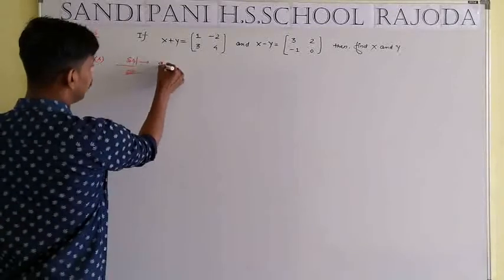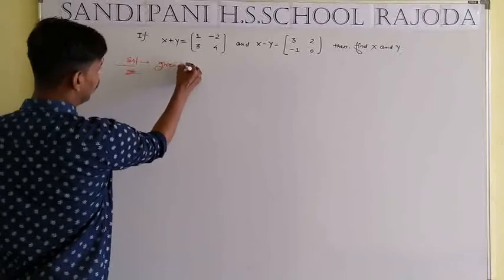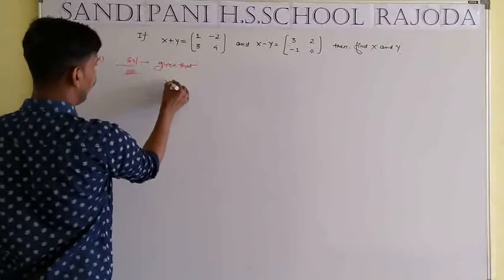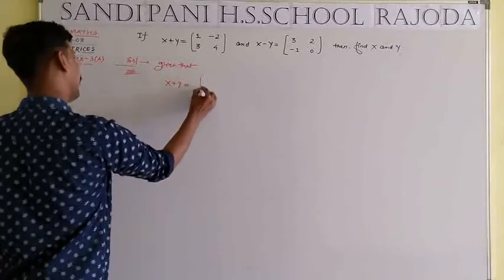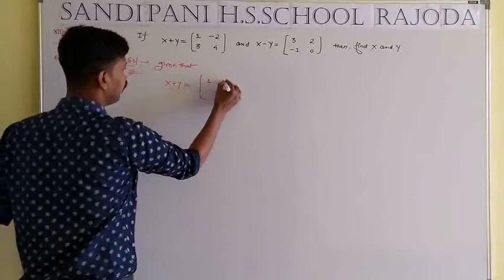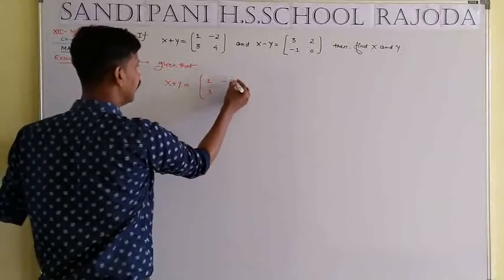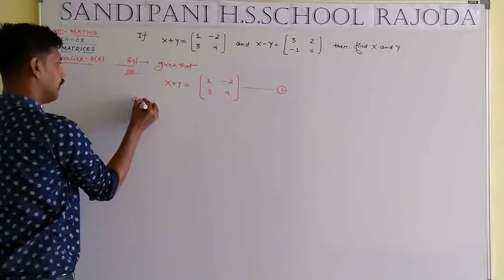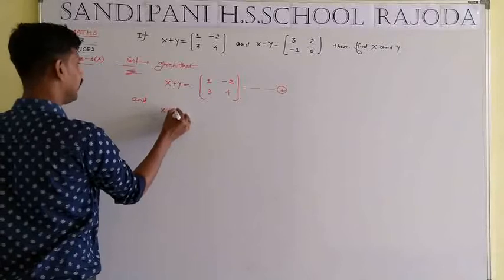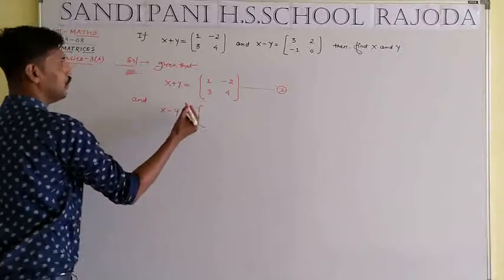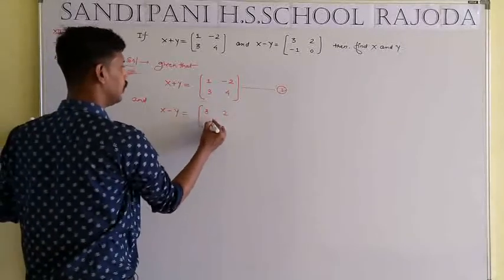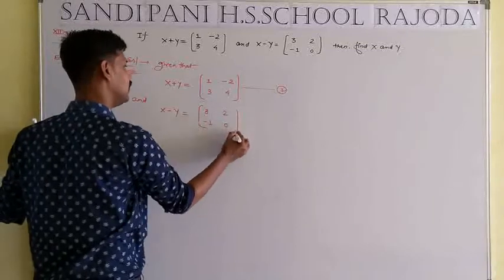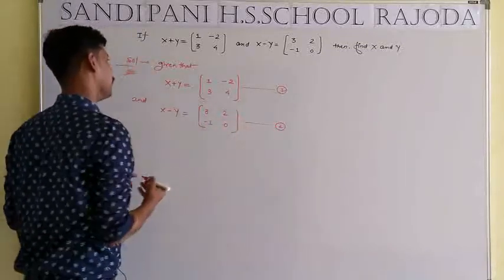Given that x plus y equal to 1 minus 2 3 and 4, and x minus y equal to 3 2 minus 1 and 0, equation number 2.